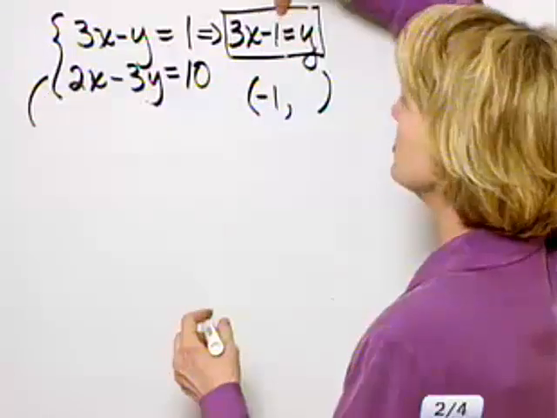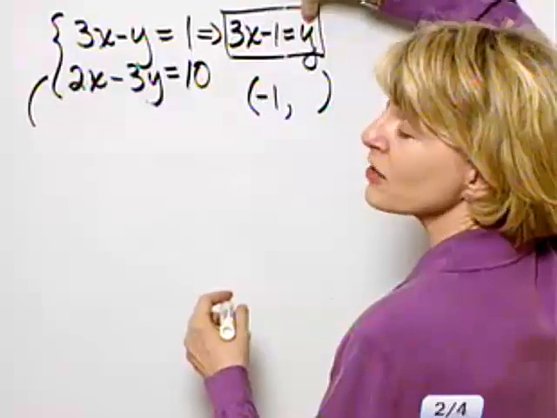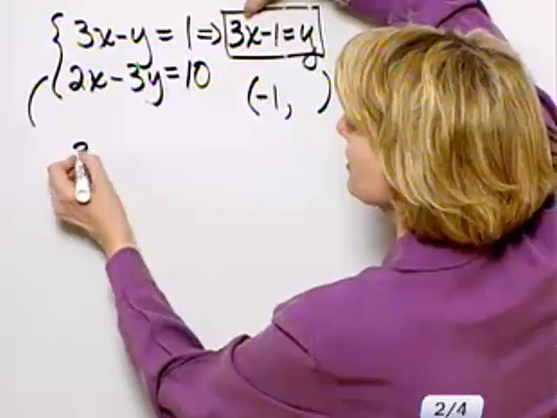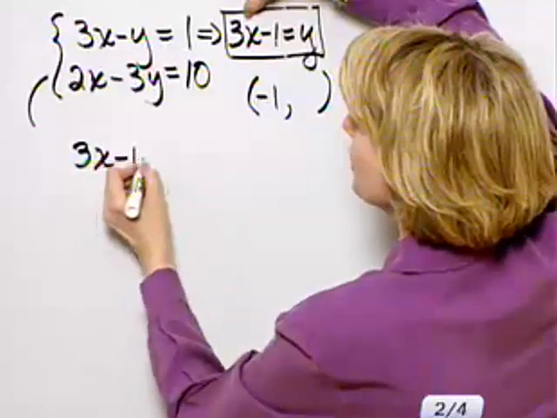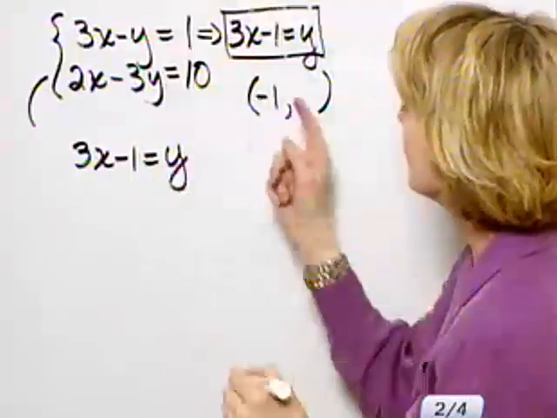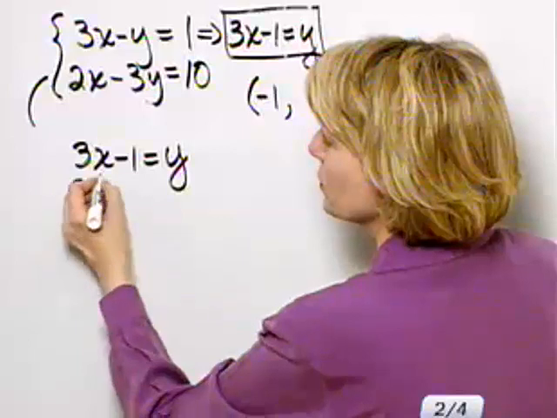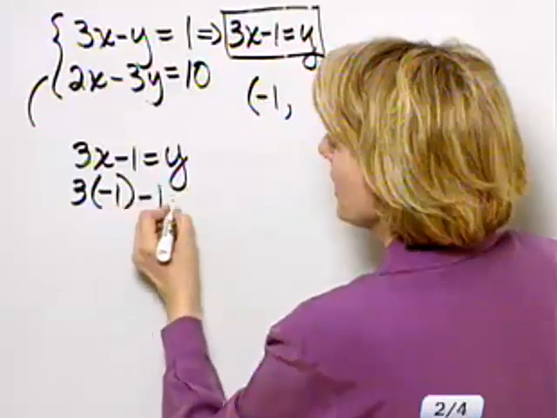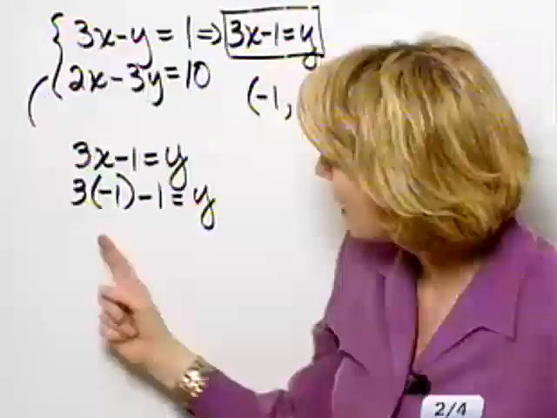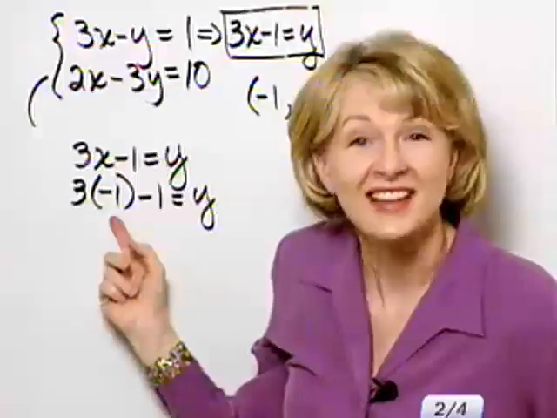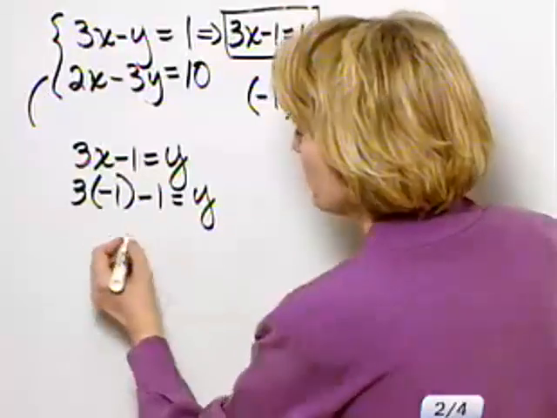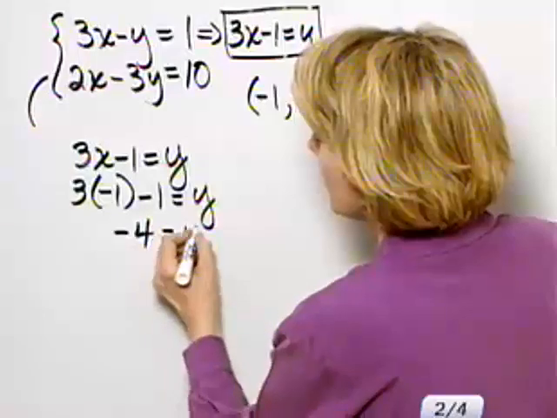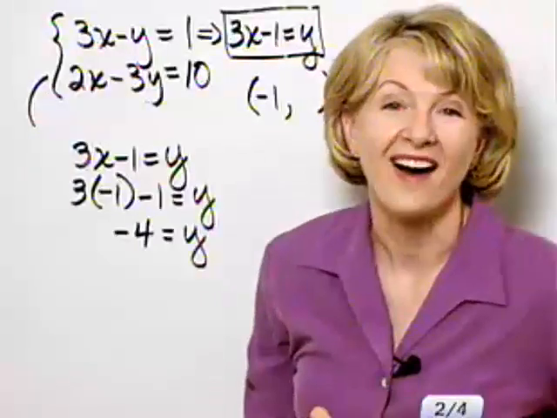All right, so I'm going to choose this one since it is already solved for y, but it certainly makes no difference which one you choose. If x is -1, I'll have 3 times -1 minus 1 is equal to y. 3 times -1 is -3, minus 1 is -4, and that is y.